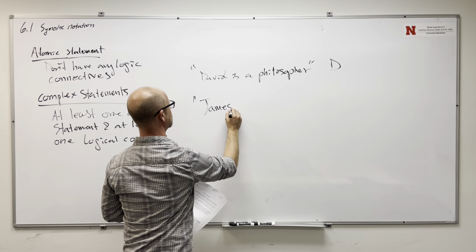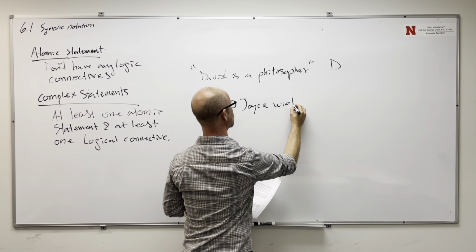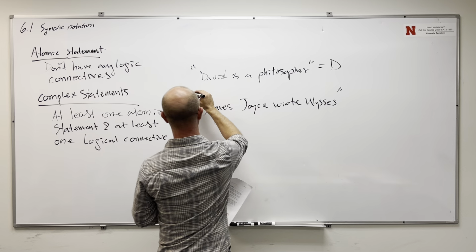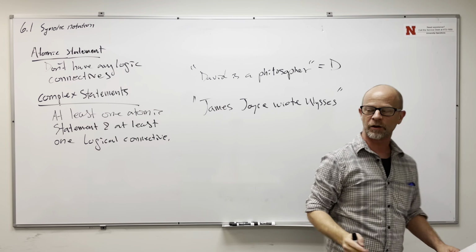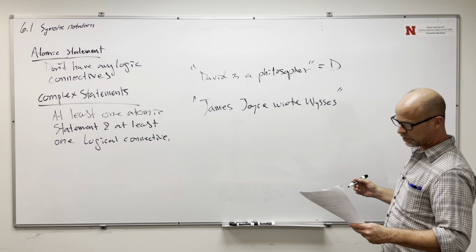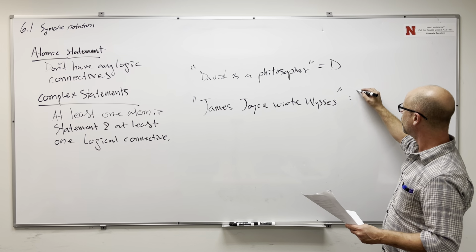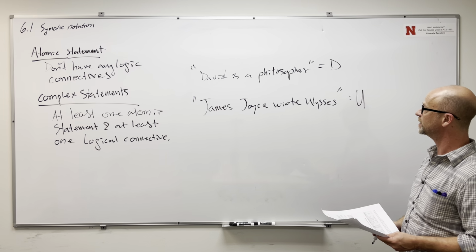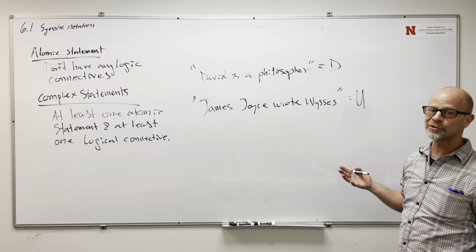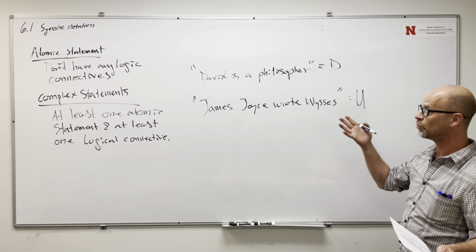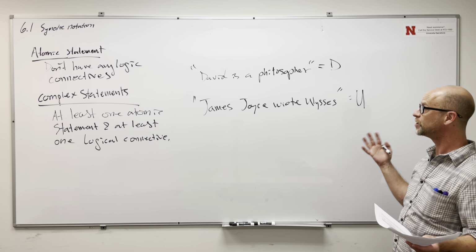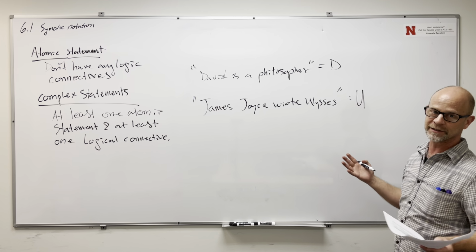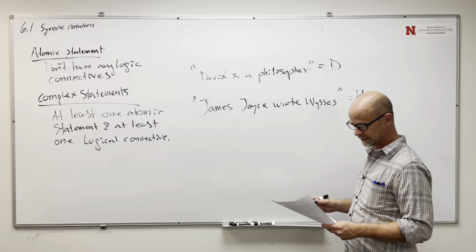With regard to this particular atomic statement, we might symbolize this as, how about just U for Ulysses? I suppose if you wanted to, you could use J for James Joyce, or like I said, you could just use U for Ulysses.